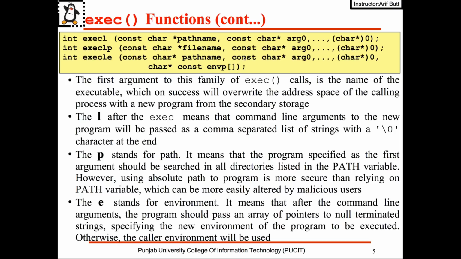That is, after the comma separated list of command line arguments, we have an array of pointers to null terminated strings specifying the new environment of the program to be executed. And for the remaining 2 functions, the caller's environment will be used.